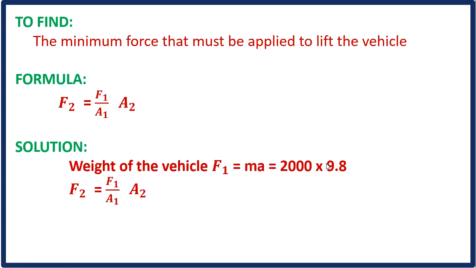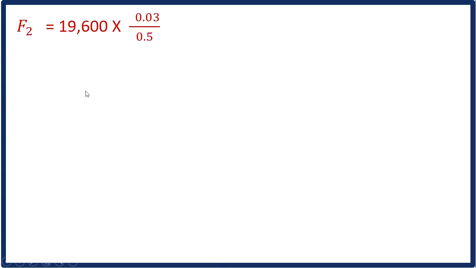So F2 is equal to F1 by A1 into A2. Now we substitute the value for F1, 2000 into 9.8, and then A2 is 0.03 and A1 is 0.5. Now when we multiply 2000 and 9.8, we get 19,600 into 0.03 divided by 0.5.